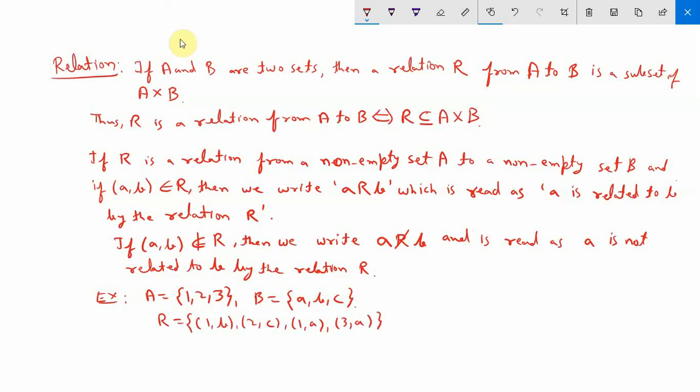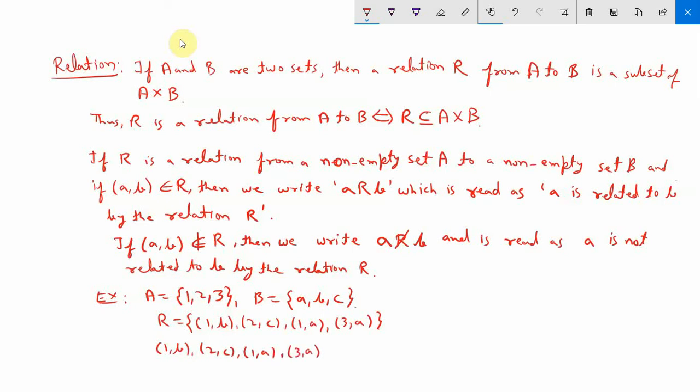It is a subset of A into B, a relation from A to B. So we can write 1b, 2c, 1a, and 3a.